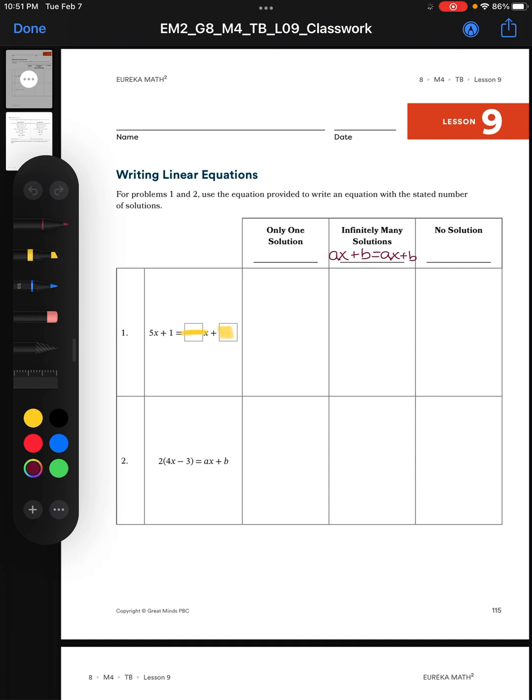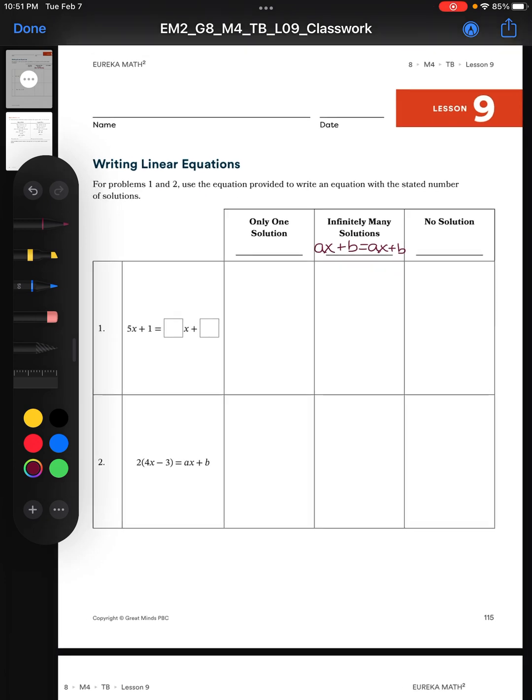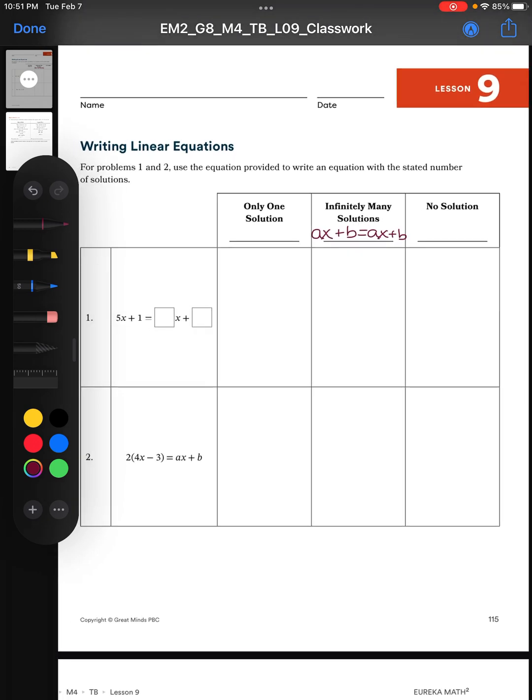Okay. So we are going to make up our own equation that fills in these boxes. Since we've already started talking about infinitely many solutions, we're going to do that one first. I'm going to make up one, and you can make up your own. So I'm going to say 5x plus 1 equals, well, what has to go in this box for it to be exactly the same?